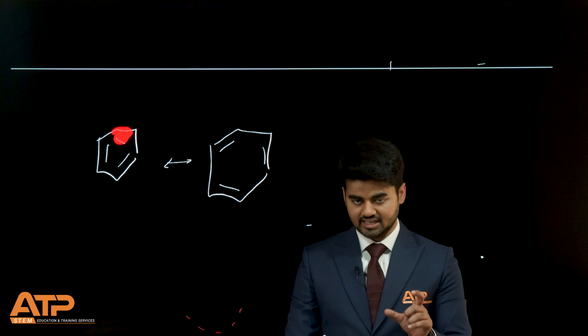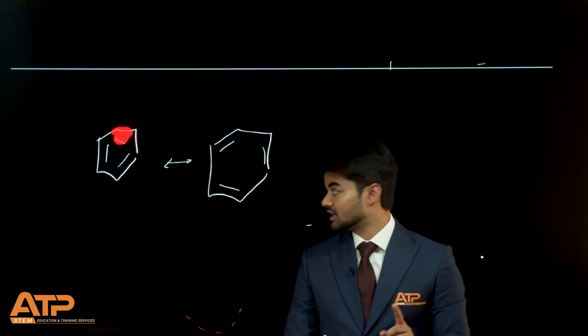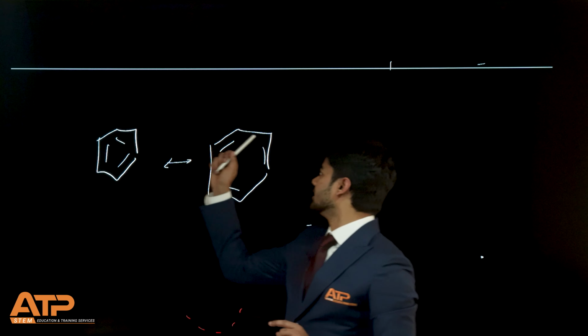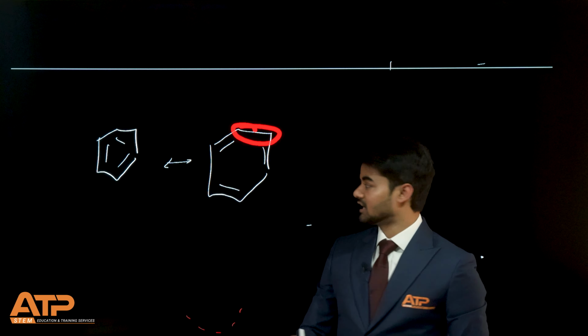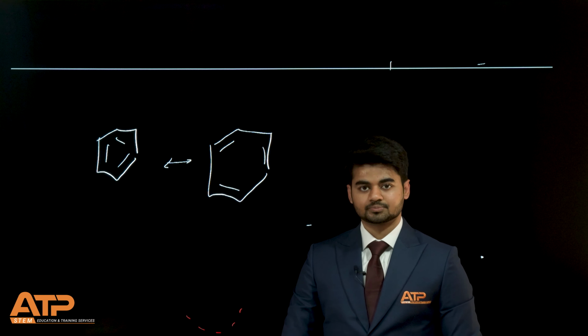One very popular structure for resonance, let's take benzene as an example. So benzene, we can make two canonical forms. I have interchanged the double bonds. Let's check. So here, if we take this individual structure, the bond order between carbon and carbon seems to be 2. Here, the bond order between carbon and carbon seems to be 1.